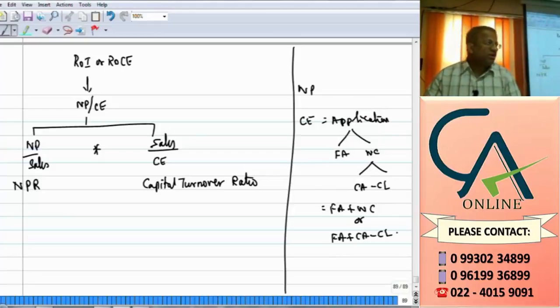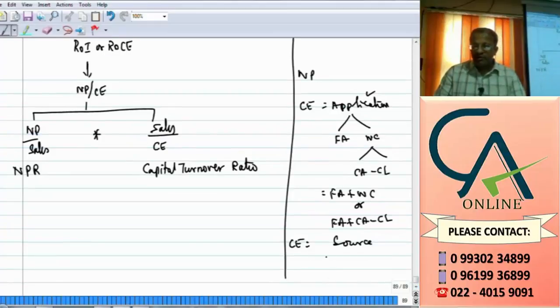I am using the old terms, not non-current assets and all that. So this is application based. The other base is source base. What would be the source for capital employed? It could be equity share capital plus preference share capital plus reserves and surplus plus long-term borrowings.